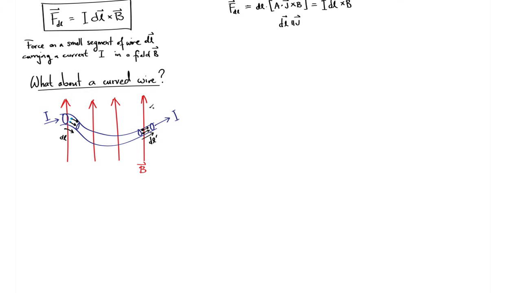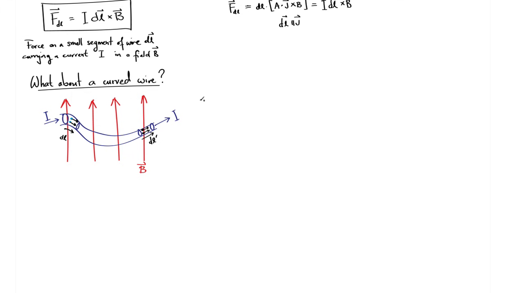Here I've drawn it so that it looks fairly constant everywhere, but you could imagine the field is doing something kind of funky, and maybe the field is pointing off in this direction over here. When you want to evaluate the force on this part of the wire, you consider this dl prime segment and also what the field is at this point on the wire. If you're calculating the force at that point of the wire, all you care about is the field at this point on the wire. That hopefully is pretty self-explanatory.